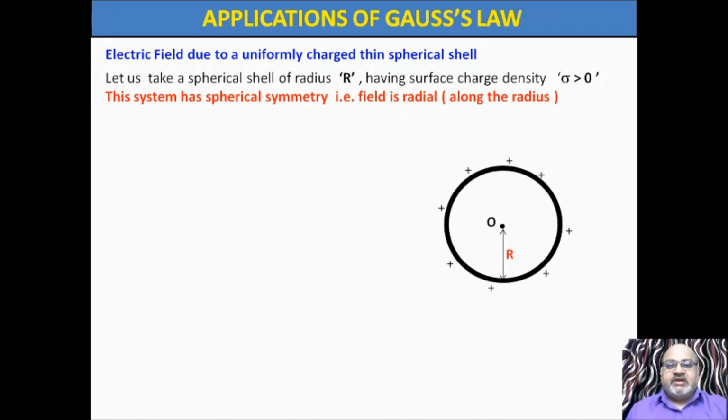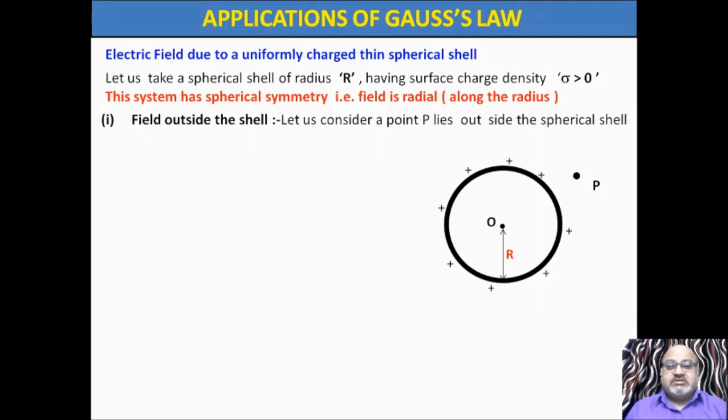In case of negatively charged, electric field lines will be inward and perpendicularly terminating. In case of positive surface charge density, electric field lines emerge perpendicularly, in outward direction. This we know very well. If you are not aware, watch my earlier videos where I have cleared this concept of spherical symmetry very well.